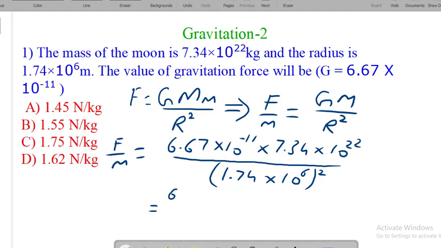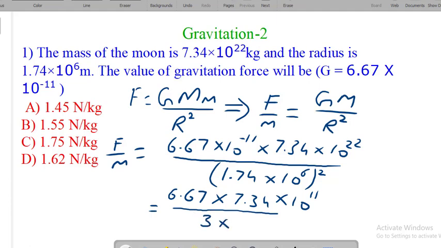So this is 6.67, write it as it is, because we will get 3 in the denominator which will easily cancel out. So 3 into 10 to the power of 22 minus 11, so it becomes plus 11, upon what we get in the denominator, which is 3 into 10 raised to 12 because we want to square it.